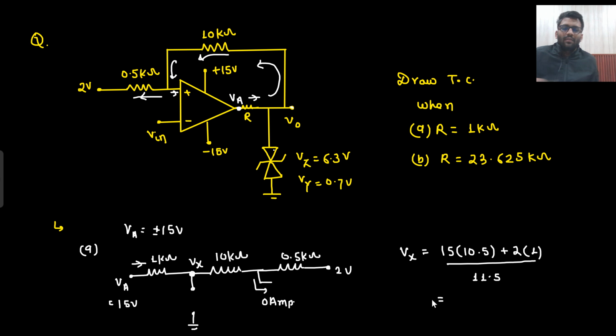Okay, let's do the calculation. 15 into 10.5 plus 2, divided by 11.5, 13.86 we are getting. 13.86 volt. So now what is the scene here at this point? Okay, let's go to the next one. So Vx value I am getting 13.86, and what is the condition?